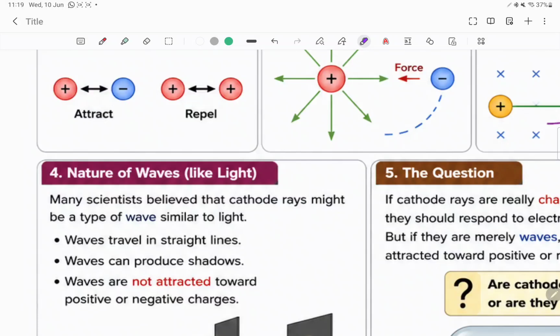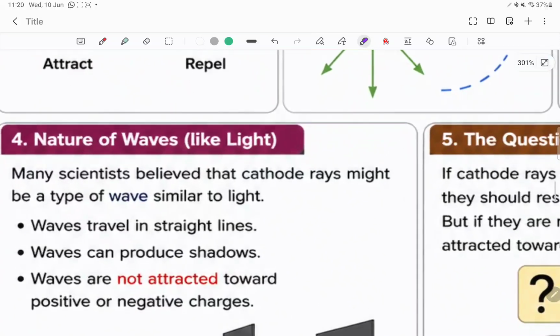According to existing knowledge at that time, let's talk about the wave nature. Many scientists believed that cathode rays might be a type of wave similar to light. If that is the case, what properties would they have to possess? Waves travel in straight lines, and waves can produce shadows.